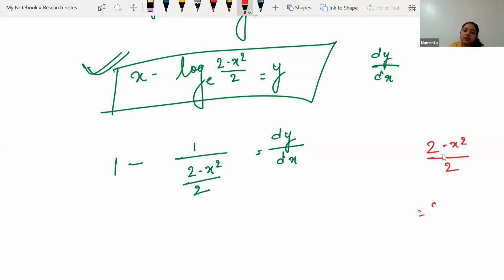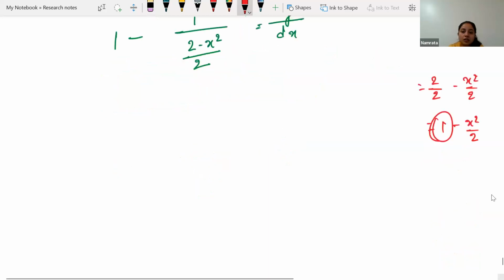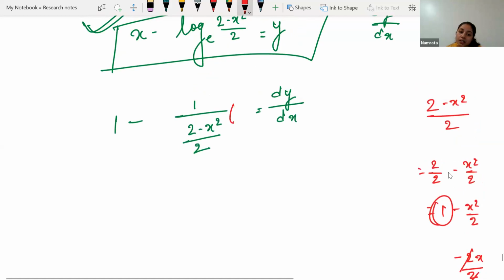If I am breaking it, it is just 2 by 2 minus x square by 2, that means 1 minus x square by 2. The derivative of this 1 is 0, and the derivative of the other part is minus 2x by 2. So only minus x we are getting as a derivative. I am going to write it over here directly.